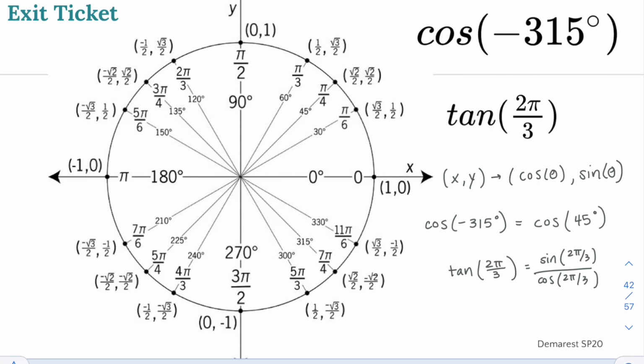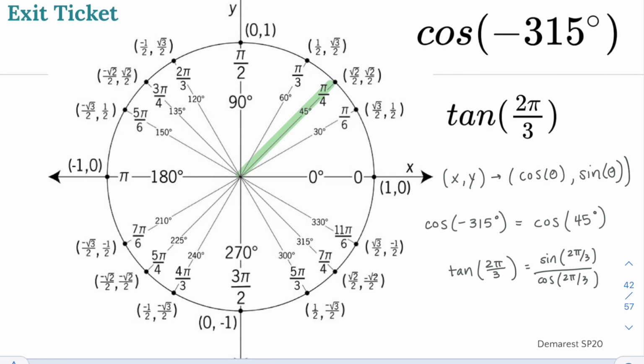The first one is a reminder that your XY pairs along the unit circle are your cosine, comma, sine pairs. Specifically for cosine of negative 315, we know we can add 360 to that, and the terminal side would be here. And so the cosine of 45 degrees is the same as the cosine of negative 315.